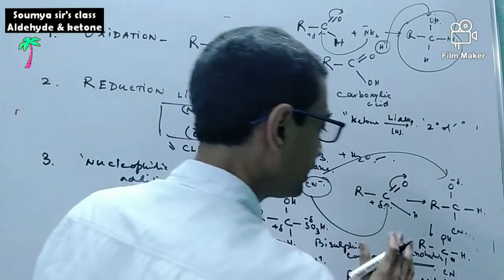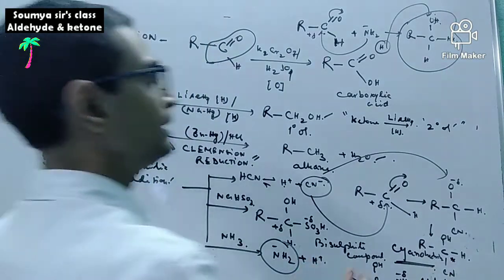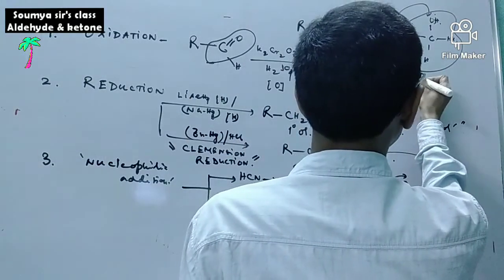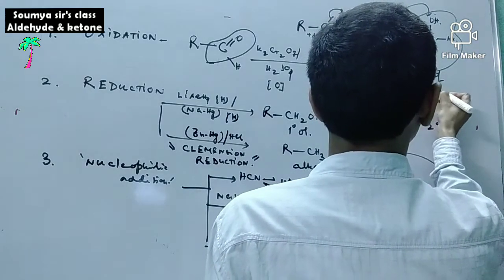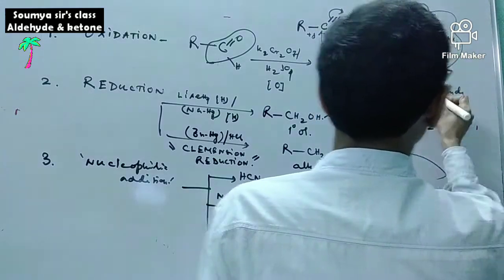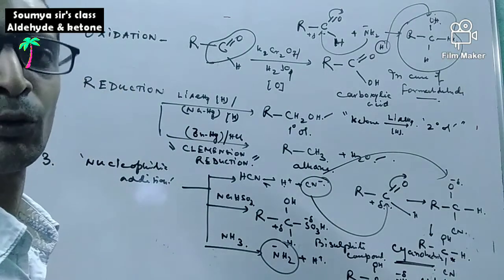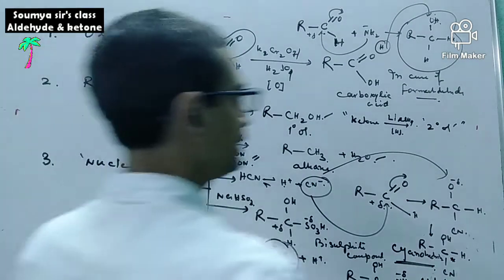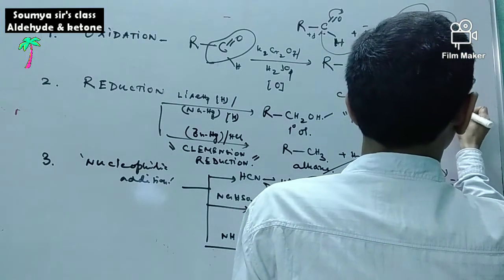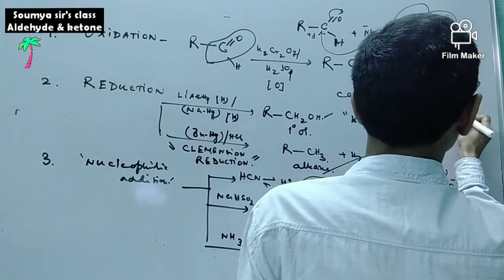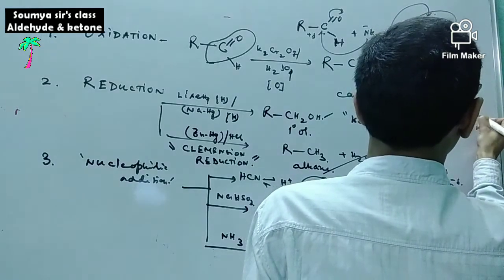The reaction is very slow, but in case of only formaldehyde, as I have written here, it forms urotropin. The formula is (CH2)6N4.